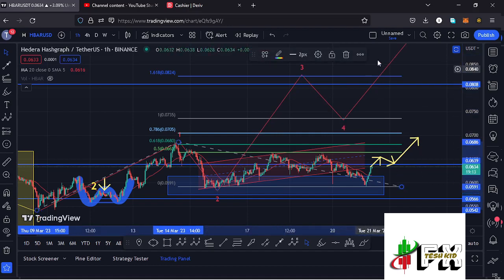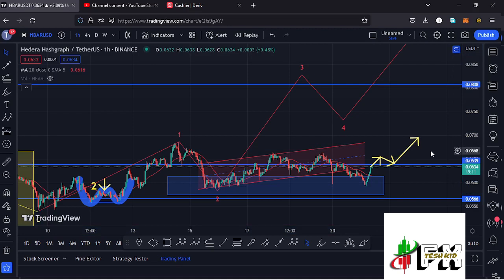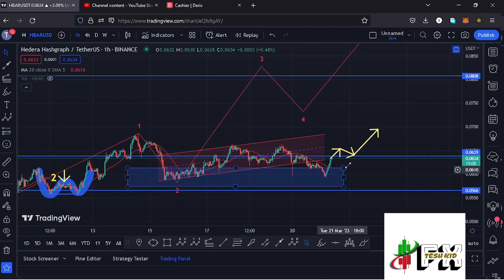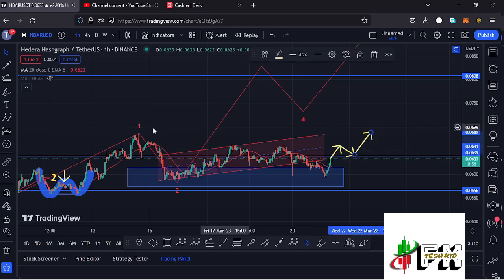And for that move to also play out, we need to manage to break above key areas of resistance, like the area of resistance at around the $0.0639 mark, and the moment we manage to break above that key area of resistance, then I'll be watching for a successful retest before we can continue gearing up and also see a break above the wave 1 high, which lies at around the $0.0685 mark, and a break above that key area of resistance and also the wave 1 high.